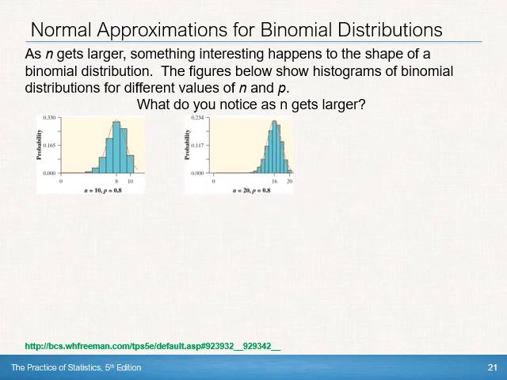But as I increase my sample size, so my number of trials in this case, from 10, which was in the first one, to 20, now you can see that it's still a little bit skewed to the left, but it's looking a lot more normal. And then let's take it to even bigger.